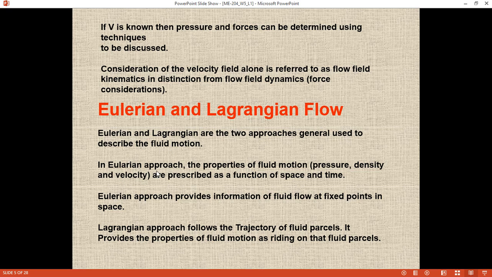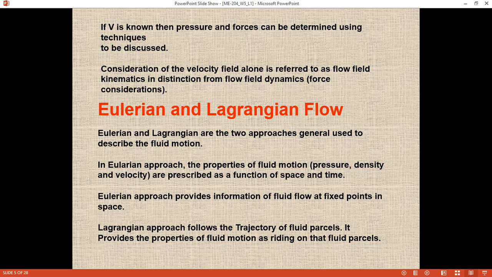In the Eulerian approach, the properties of fluid motion, pressure, density and velocity, are prescribed as a function of space and time. The fluid properties are pressure, density, viscosity and surface tension. The flow properties are the velocity, the acceleration and the position.